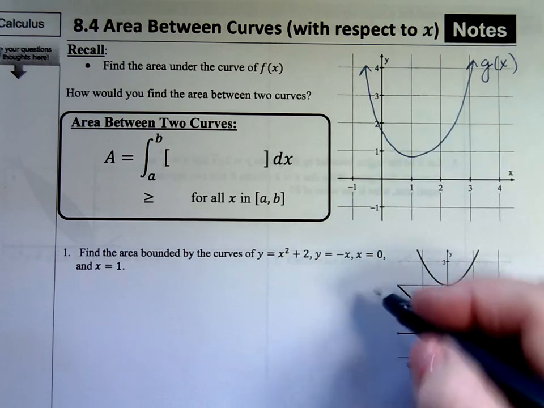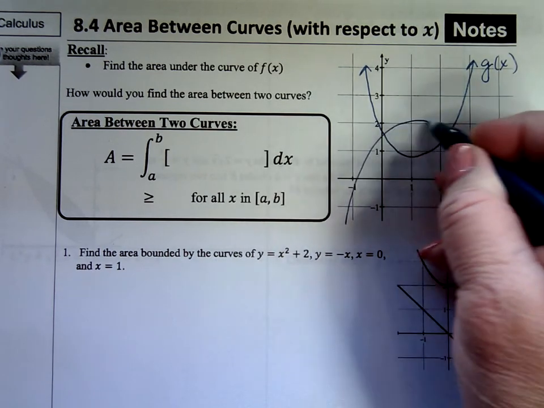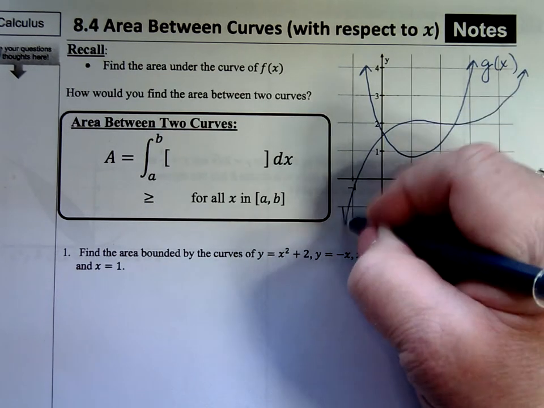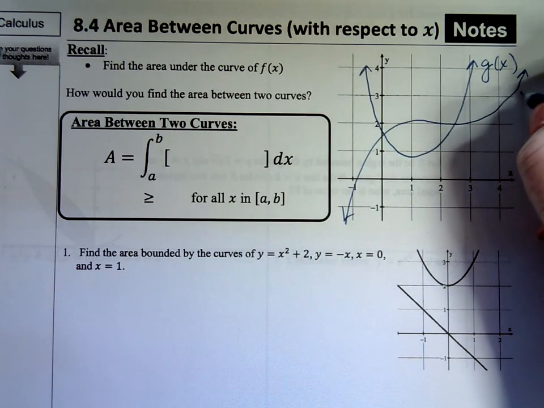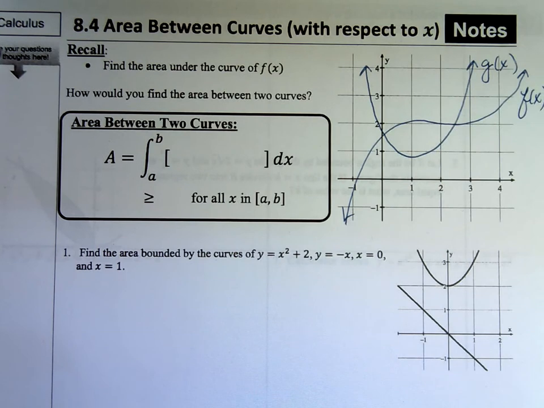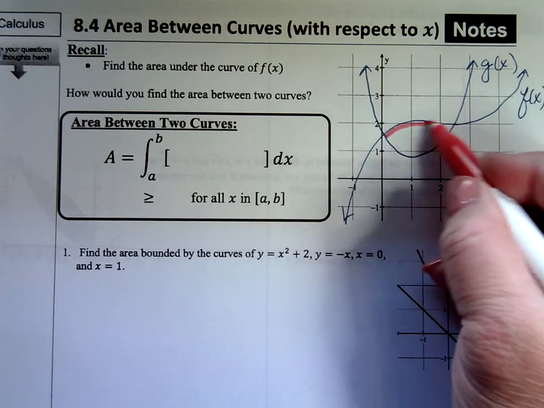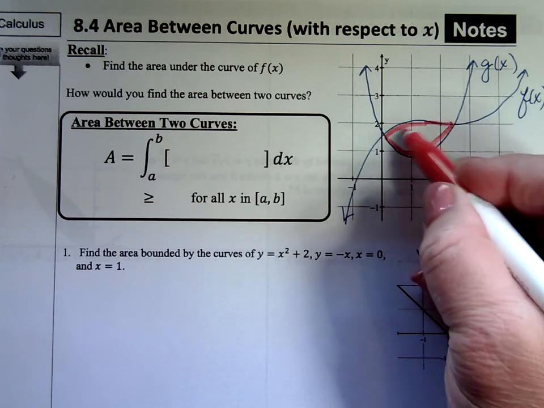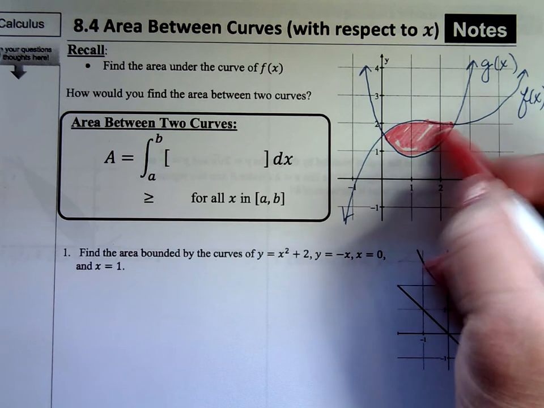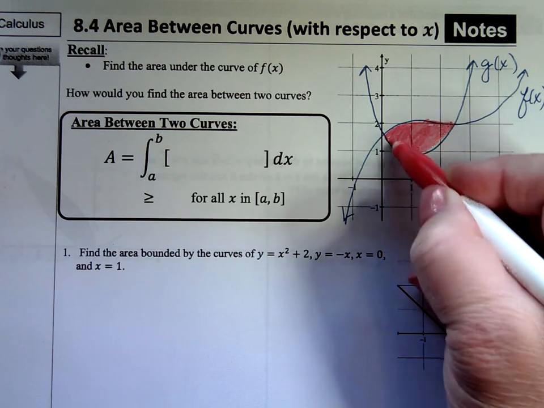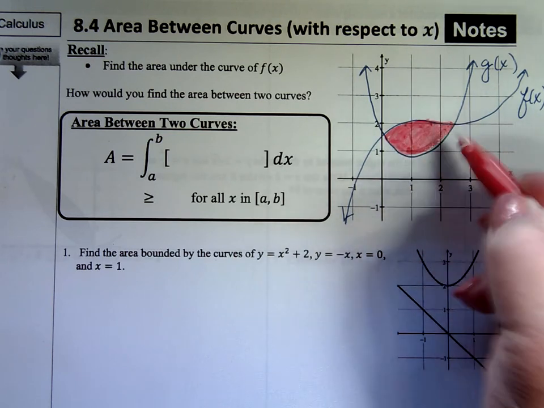And then you have another function, maybe a cubic guy that goes like this. He's going to be my f of x. And so you see how they create an area between them that no longer has the x-axis involved at all. This is the area I'm looking for between these two curves.